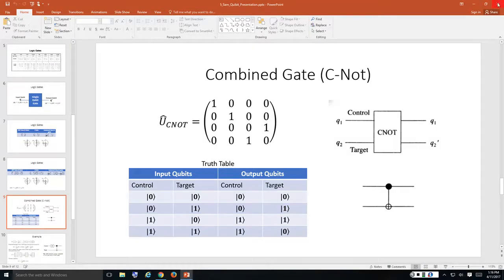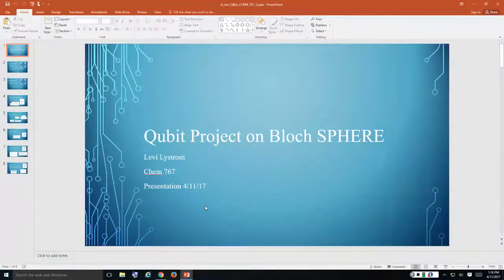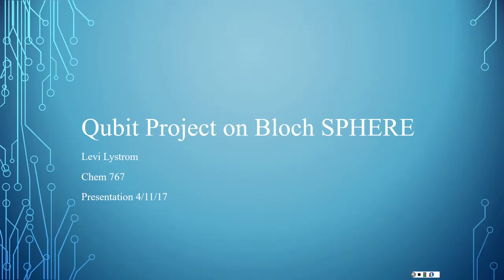And last but not least, a very important presentation by Levi Lustrom, who will increase our knowledge in the aspect that was inducing the interest of the audience. Diane was asking, what is the qubit?